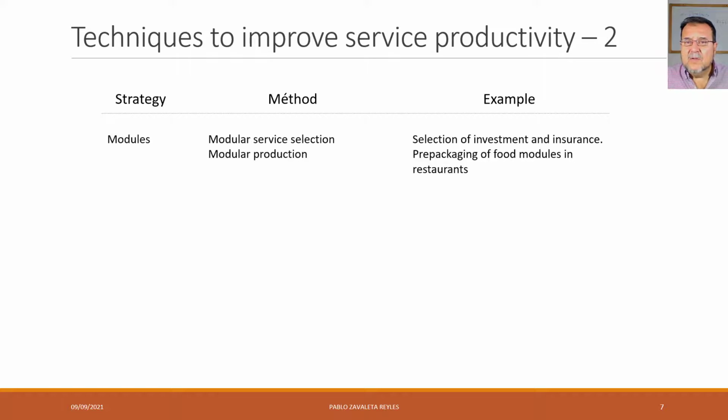Then we have modules. You can have a certain amount of building blocks that you just add and put in place according to your needs. Insurance can be one of them. There was a try at making cellular phones modular. Computers too, sometimes if you're making your own computer, you can build them this way.